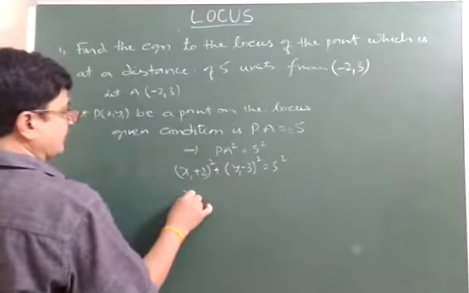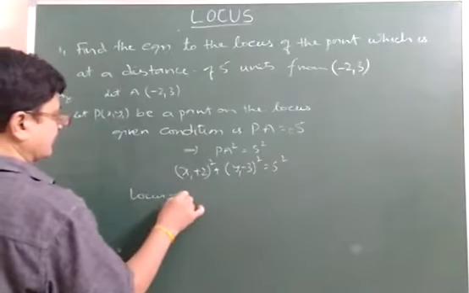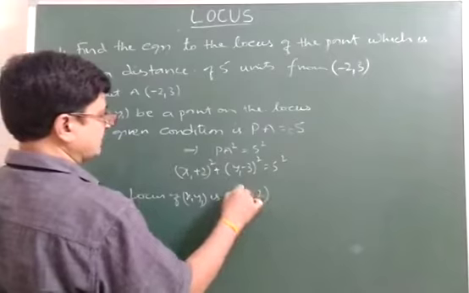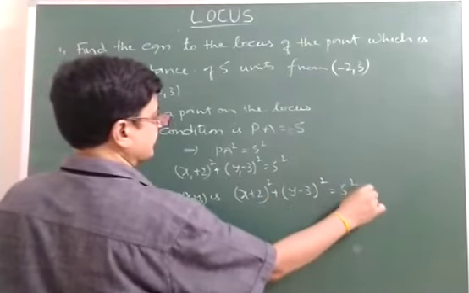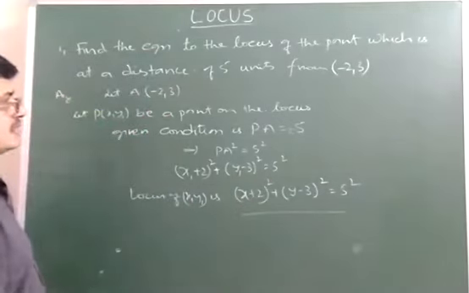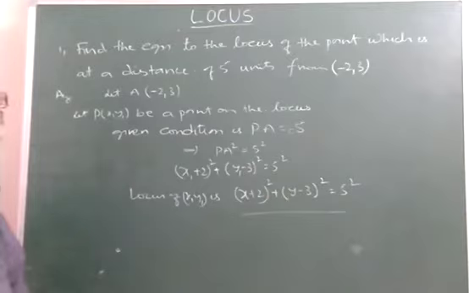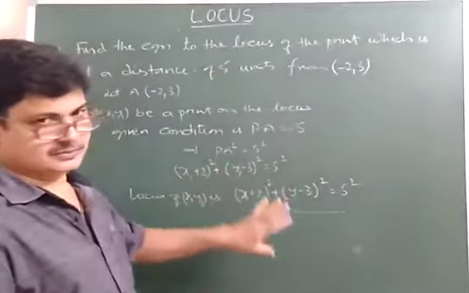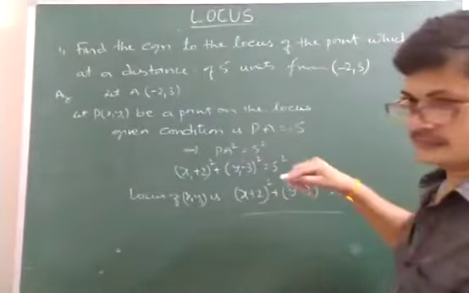Now the locus of (x1, y1) is (x plus 2) whole square plus (y minus 3) whole square is equal to 5 square. This is the locus of the point (x1, y1). First of all, we find the geometrical condition and apply it to get the solution.